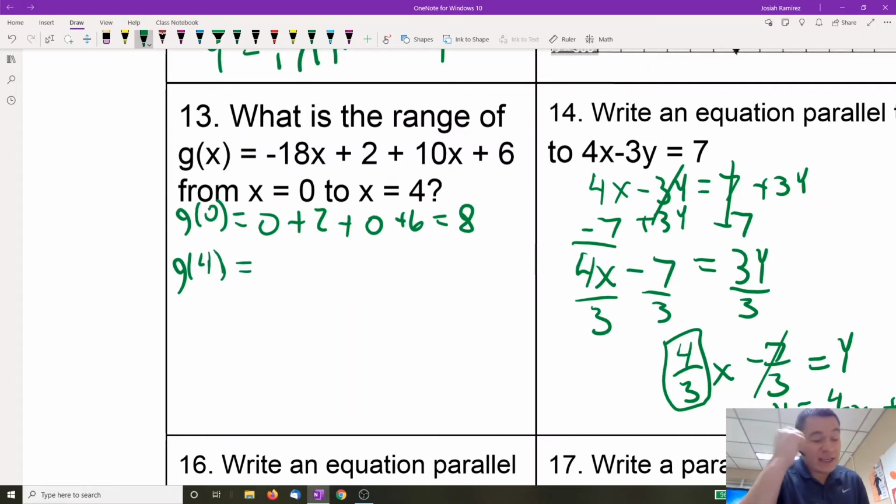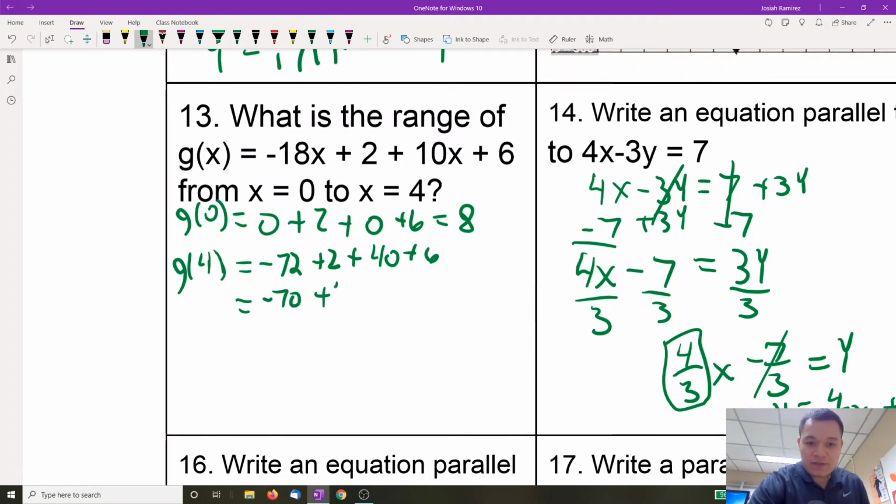So negative 18 times 4 is negative 72 plus 2 minus, no, that's a plus. 10 times 4 is 40 plus 6. These first two are going to make a negative 70 plus 46. Combine those, and it's going to be a negative 24.